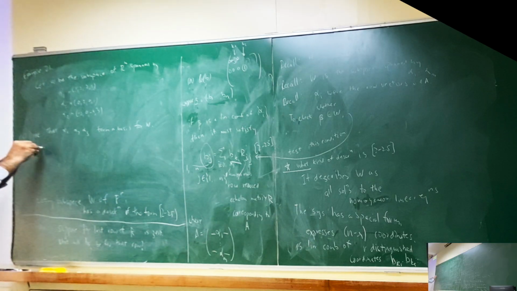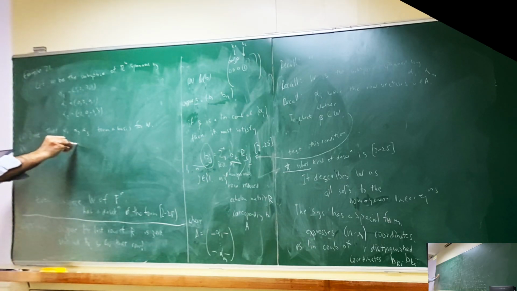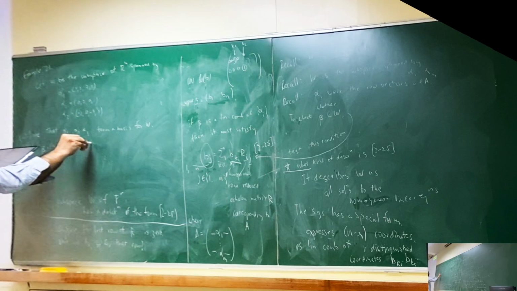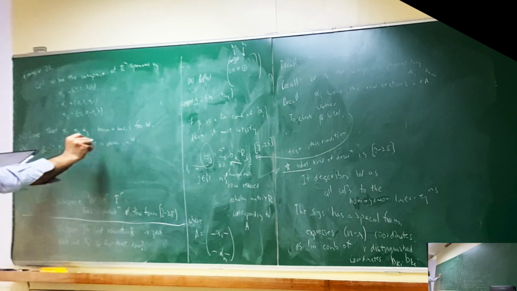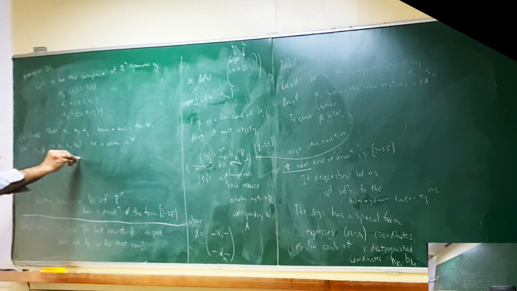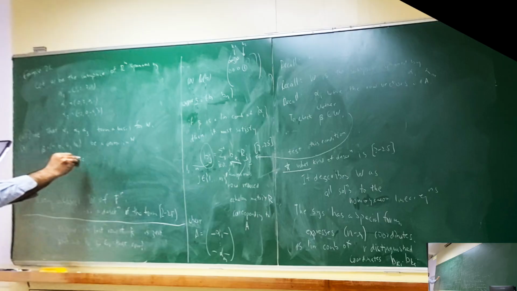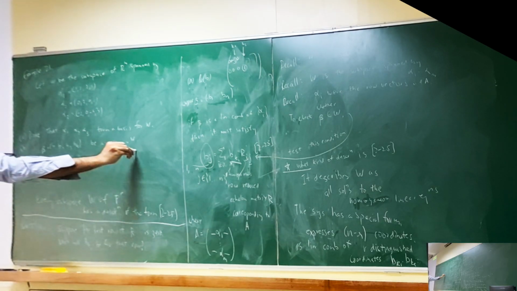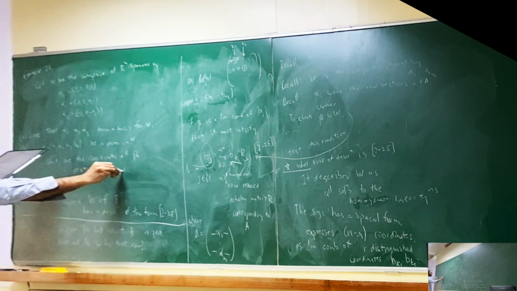The second part is, what are the coordinates of beta relative to alpha 1 and alpha 2?